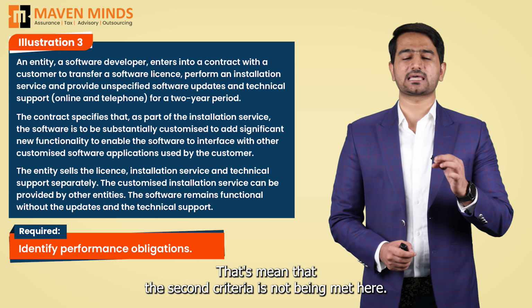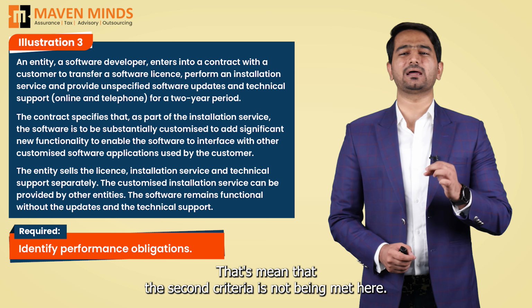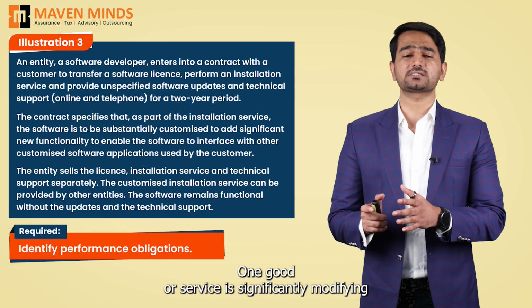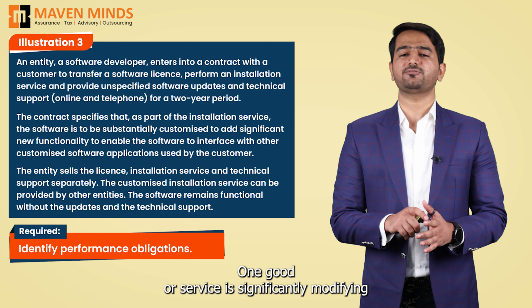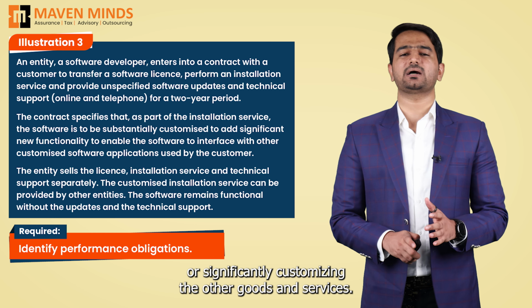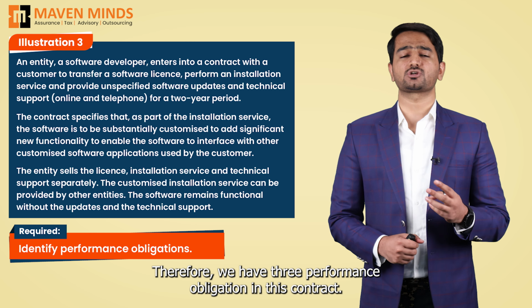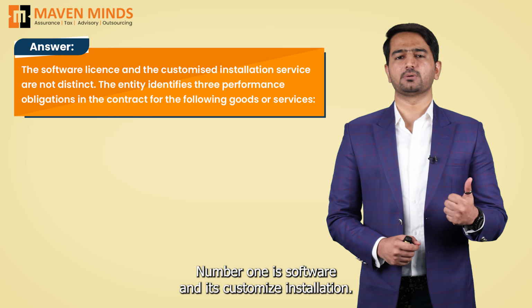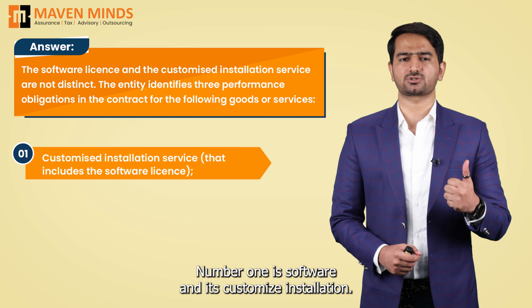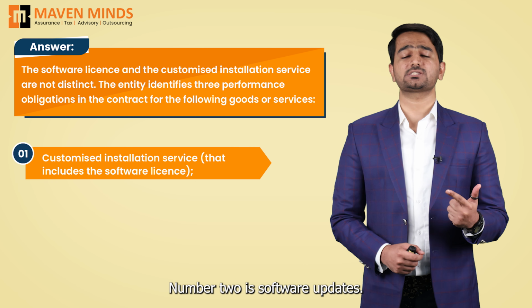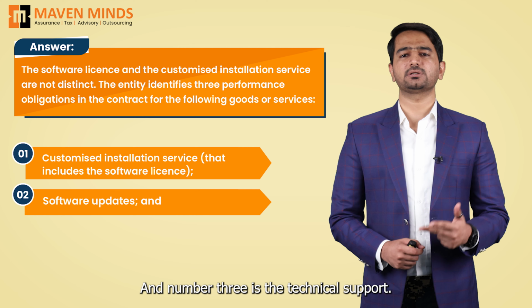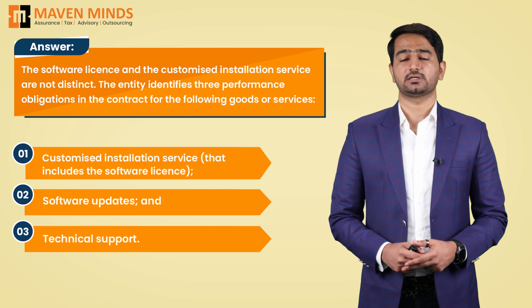That means that the second criterion is not being met here. One good or service is significantly modifying or significantly customizing the other goods and services. Therefore, we have 3 performance obligations in this contract. Number 1 is software and its customized installation, number 2 is software updates, and number 3 is the technical support.